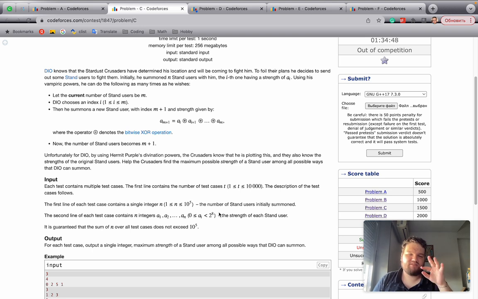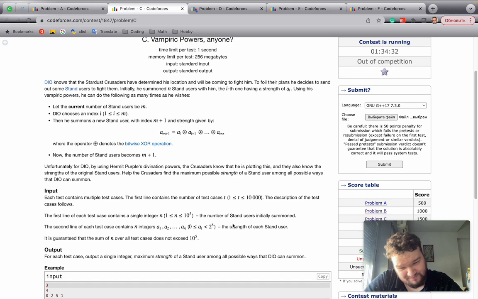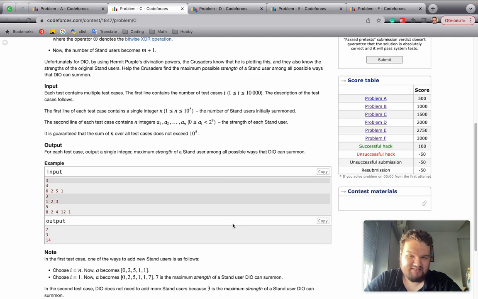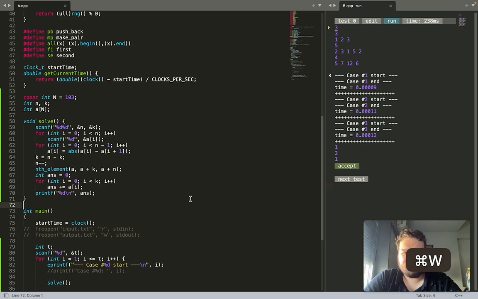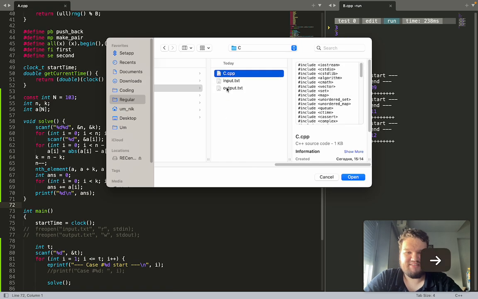Or you can just only iterate over the prefix XORs that are available. Then there will be at most n plus 1 of them, so it's also fine. I guess that's easier to write, but it's not a problem in any case.